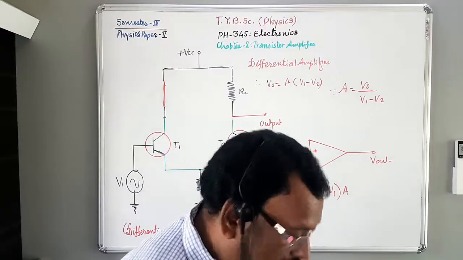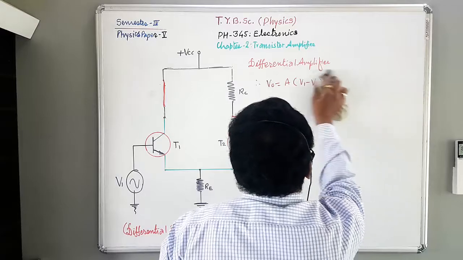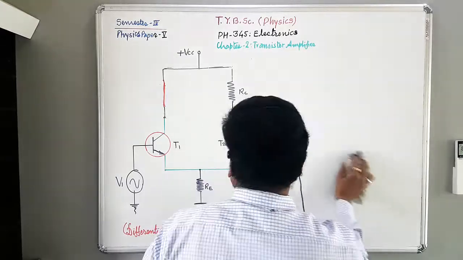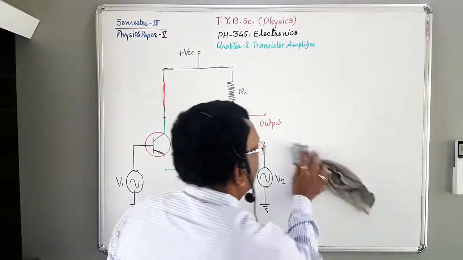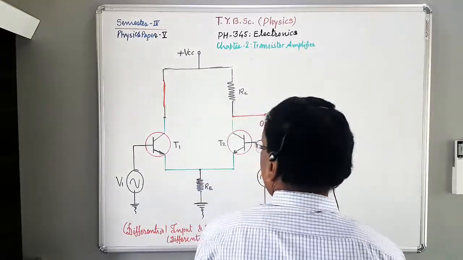So we require both figures, that is single-ended and double-ended. This is single-ended. Now I am going to draw a figure for double-ended. Same figure is there.